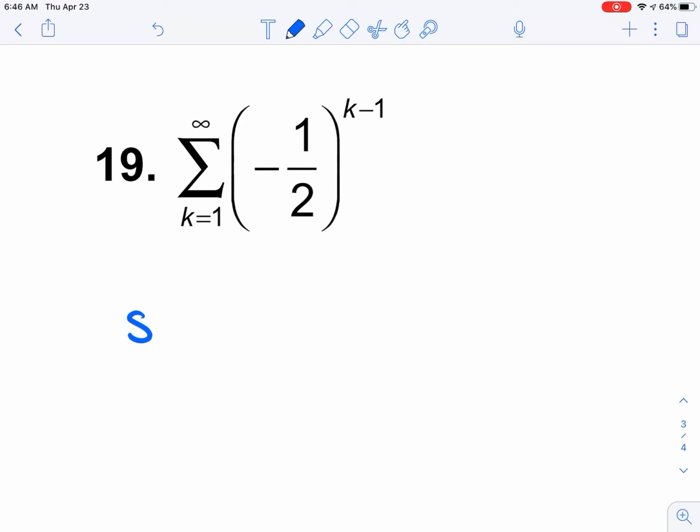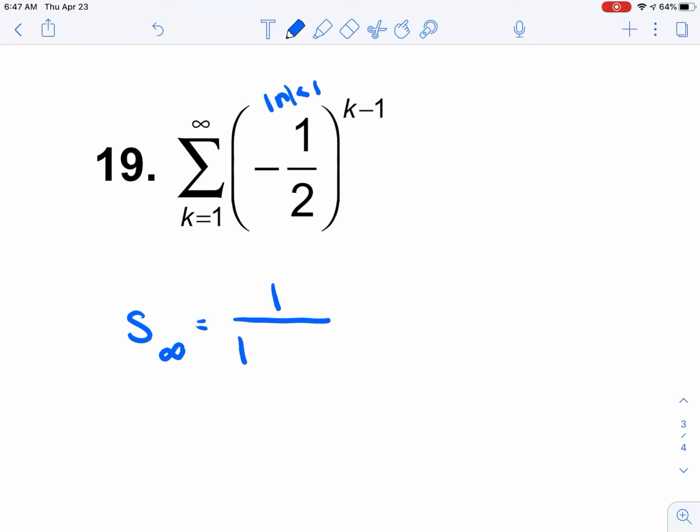So if we want to find the sum of infinitely many terms on this one, we're able to do it because our R value is less than 1, put absolute value there just so that doesn't get misleading. So what we need to do is find our first term. Well, to find the first term, sub in the bottom number. If I sub in the bottom number, 1 minus 1 is 0, anything raised to the 0 power is 1.